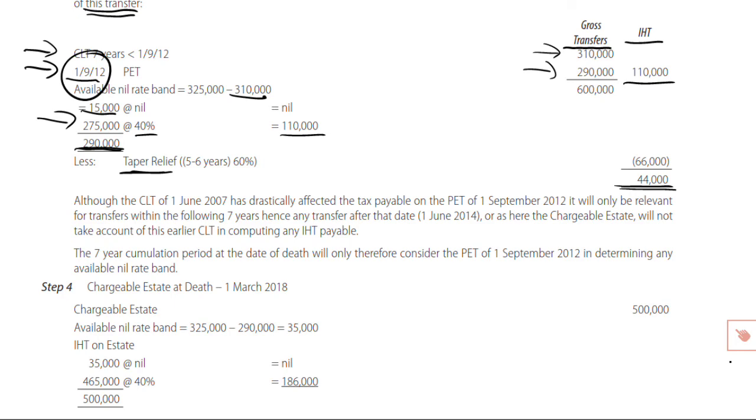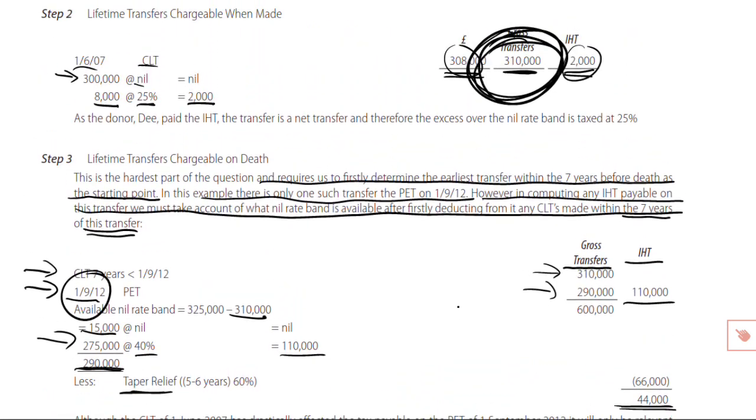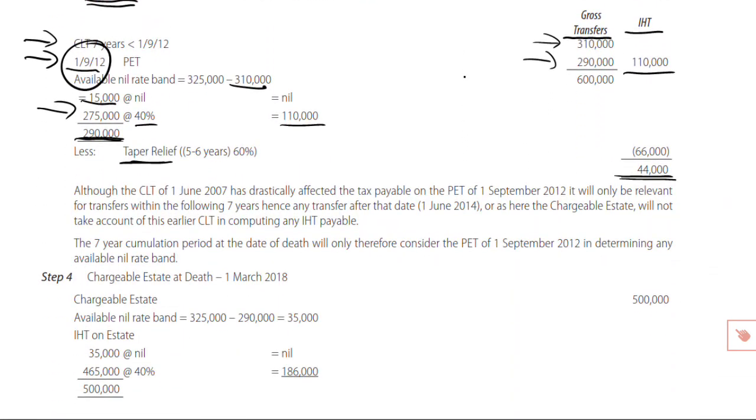Okay, to recap therefore, the impact of that earlier CLT made back in, what was it, 2007, June 07. Although that CLT of the 1st of June 07 has drastically affected the tax payable on the PET, that of the 1st of September 12, it will only be relevant for transfers that are then within the following 7 years.